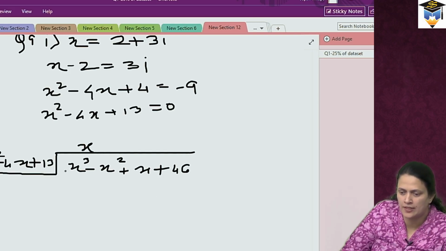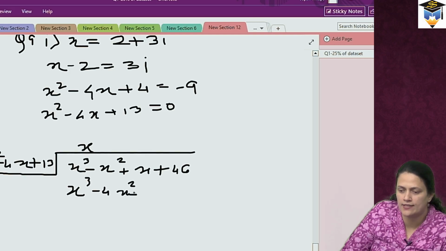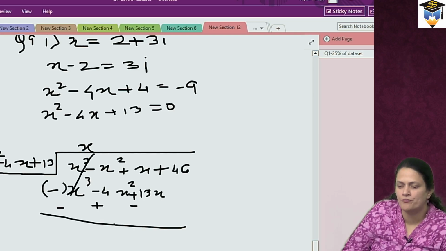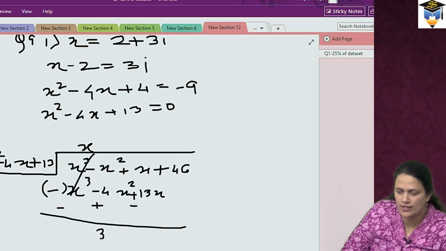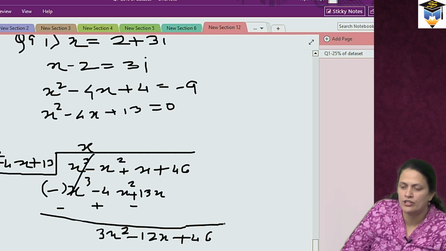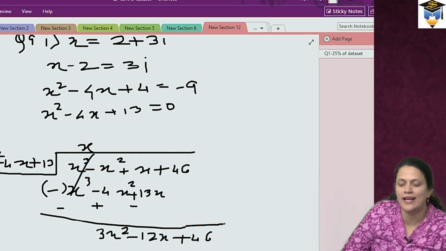So multiply this x to each and every term on the left hand side. So this is x cube minus 4x square plus 13x. Subtract. So this and this will get cut. So 4x square minus x square is plus 3x square, minus 12x plus 46. So x square, which number do we need to multiply x square by?